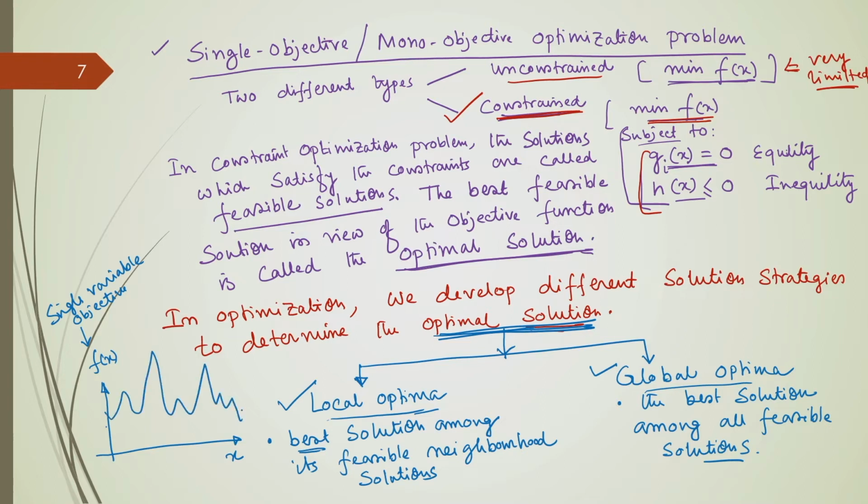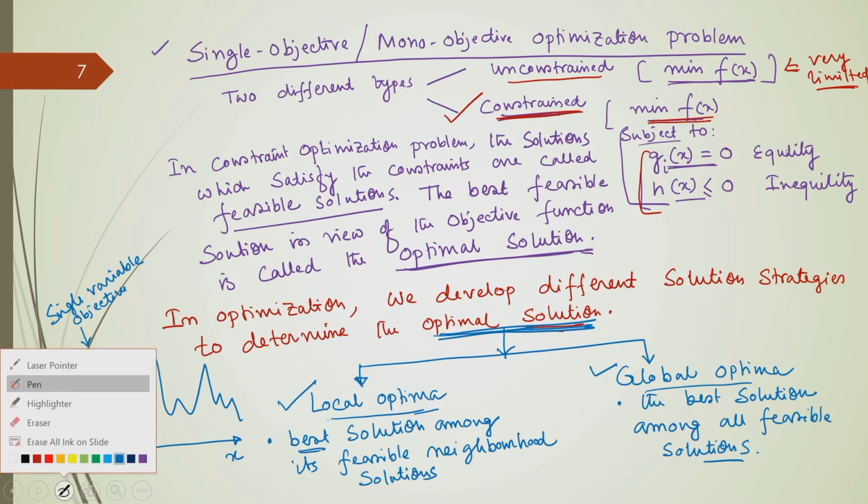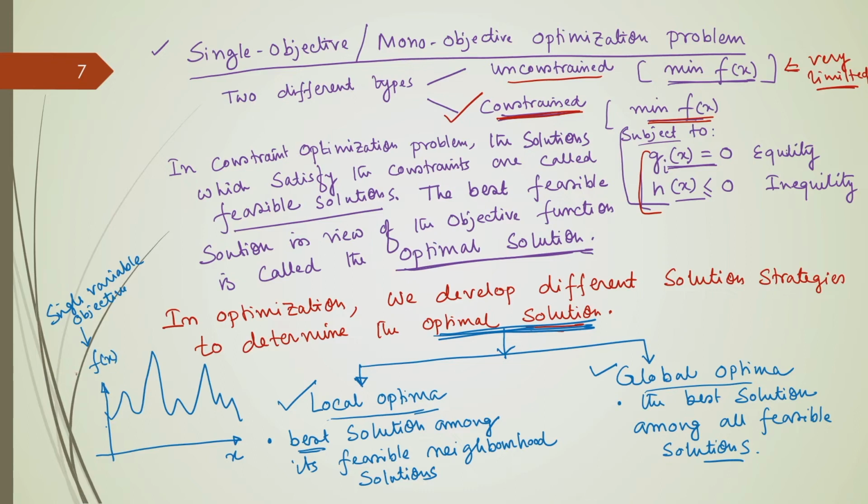I want to maximize this, our goal is to maximize this f(x). This is unconstrained, so there is no constraint on this.